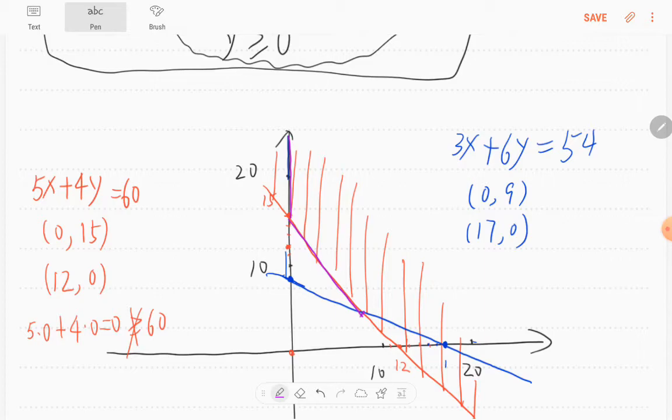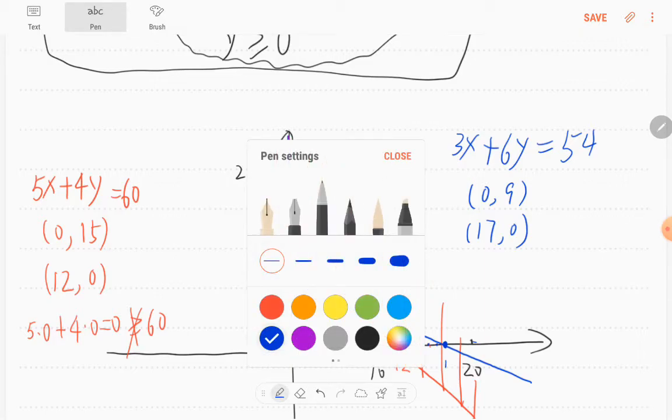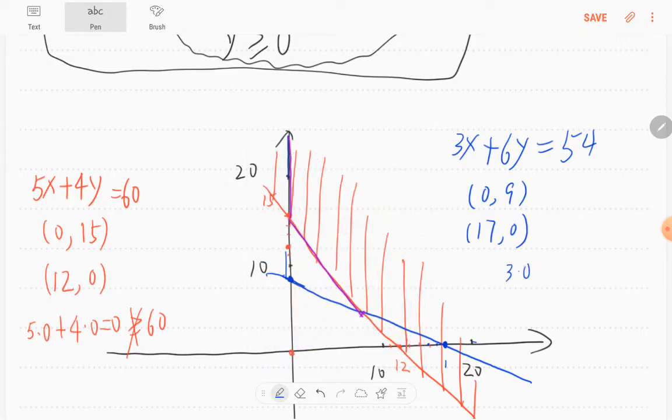Oh, sorry, I forgot which part should be the blue one. If you plug in 0, 0, 3 times 0 plus 6 times 0 is equal to 0, which is greater than or equal to 54? No. So it should not contain this point, so it should be here.